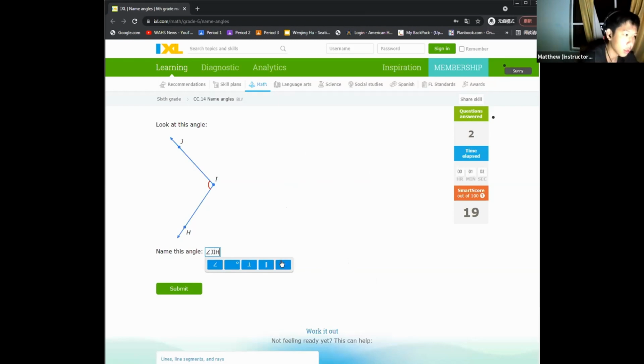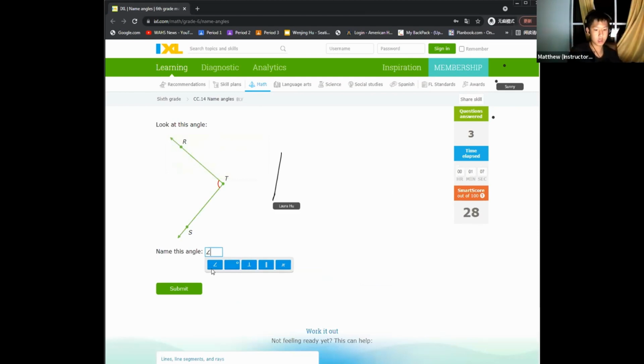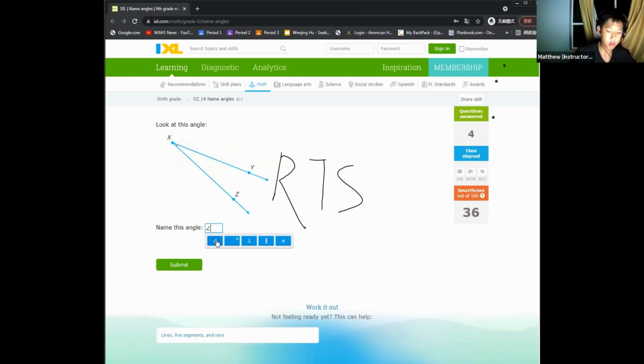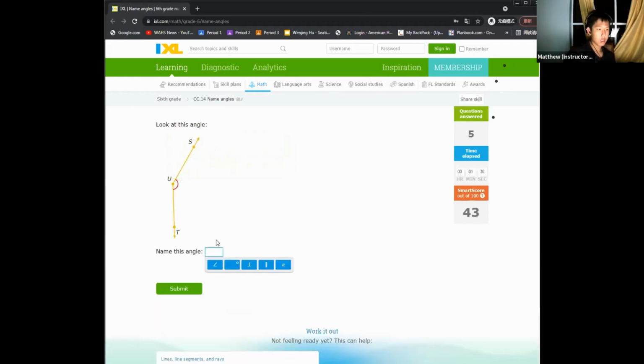GIH is correct. But this one. RTS is correct. But this one. YXV is also correct. X, V, T is correct.